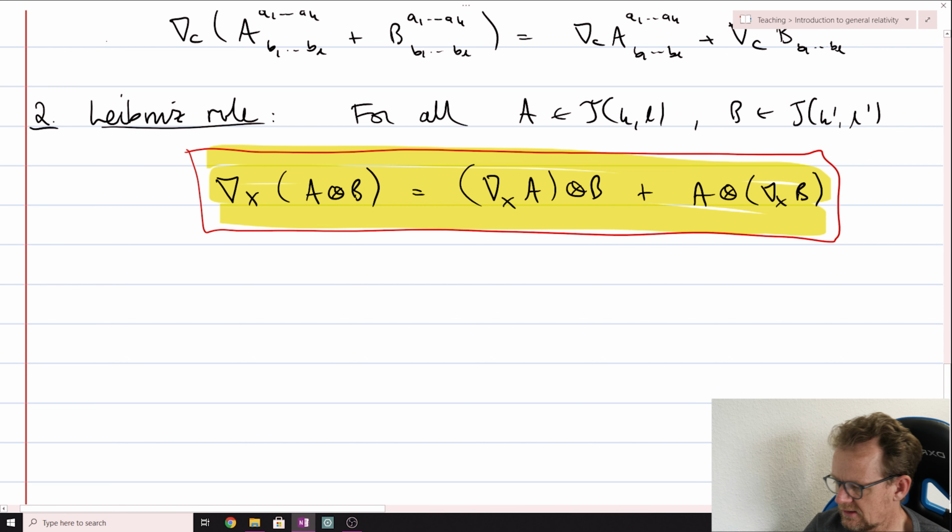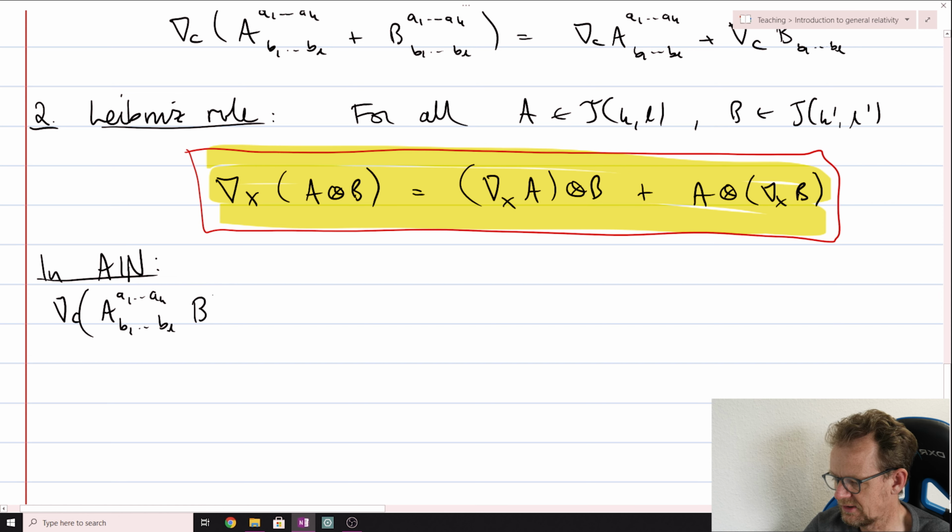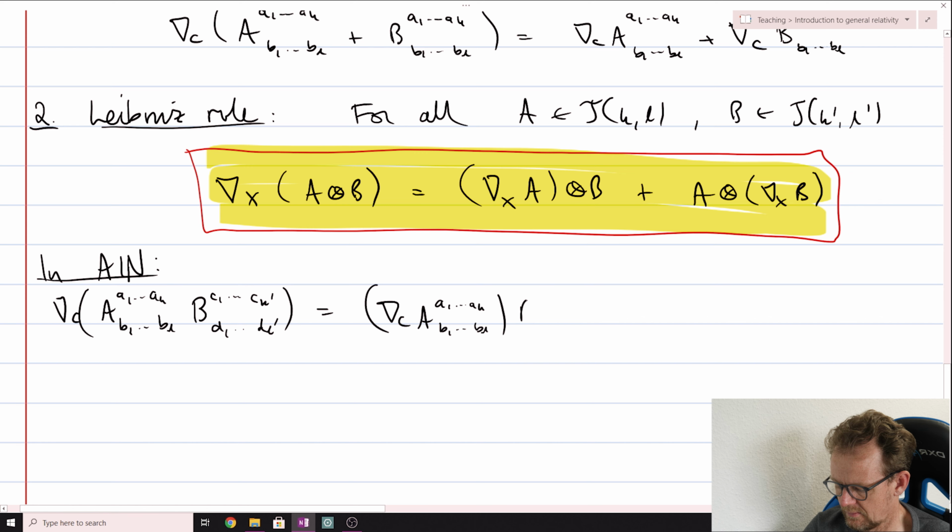And we can also represent this in abstract index notation as follows. So ∇_c of A^{a1...ak}_{b1...bl} B^{...}, the outer product, which is just represented by concatenation in abstract index notation, is equal to doing the derivative operator on the first argument and concatenating with the second tensor field, plus concatenating the first tensor field with the derivative of the second.